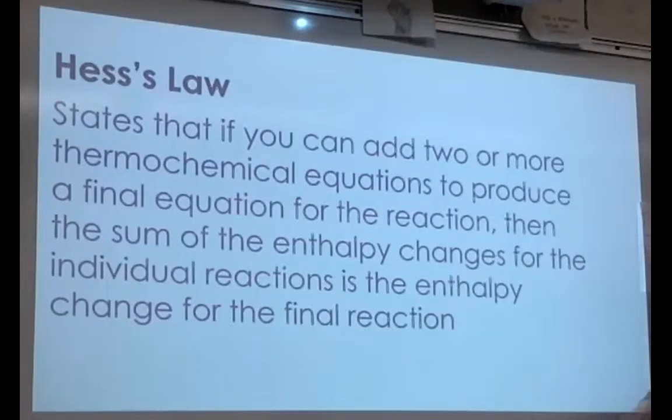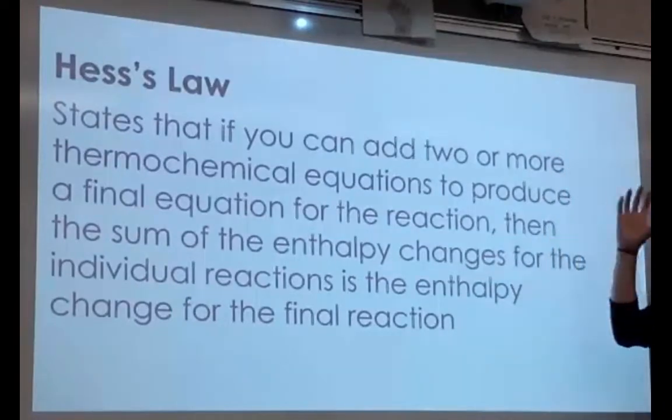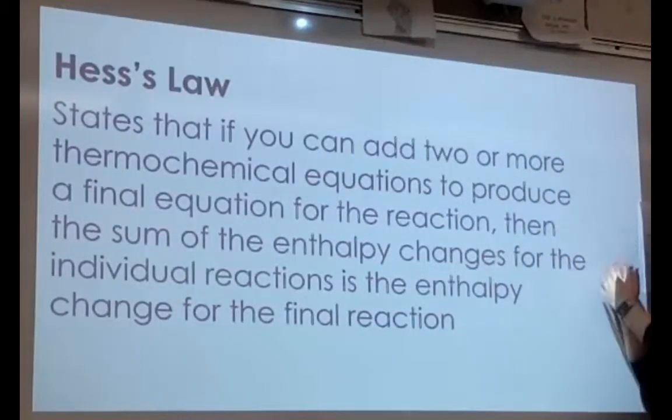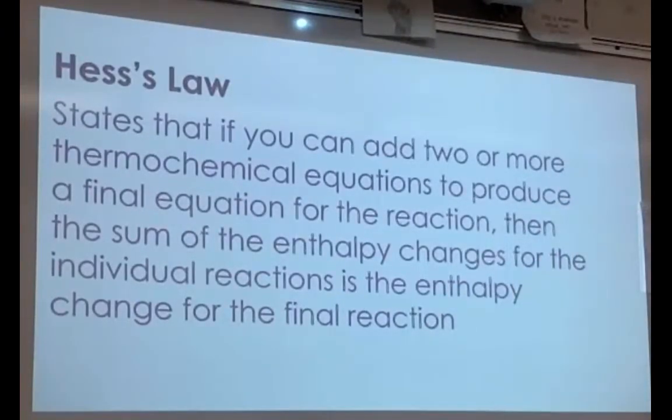Then we add up the delta H values to get the overall delta H. So all we're doing in Hess's law is manipulating given equations and manipulating the delta H values in order to find a new overall equation. And based on how we manipulate the equations, we add them all up. We add up all of our delta H values.